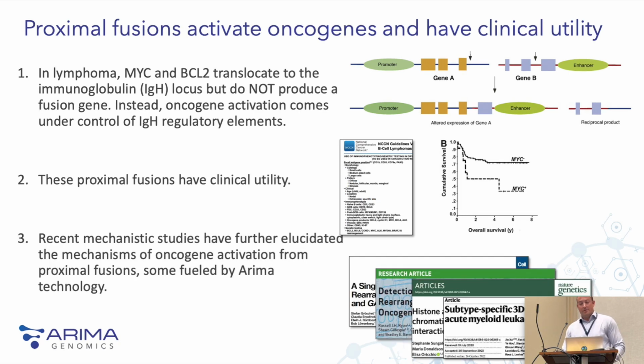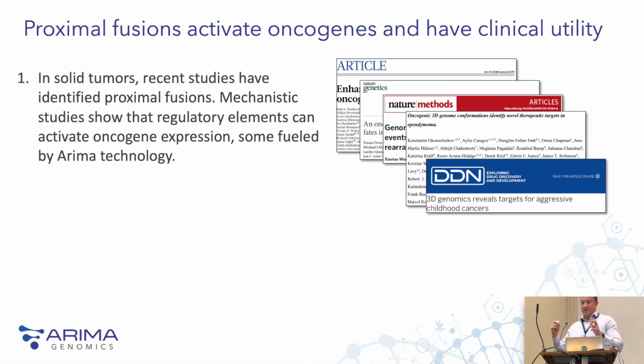And a lot of recent studies have focused on the mechanisms of how these oncogenes are activated from proximal fusion events, some of which fueled by Arima technology, shown here. While it's well accepted and recognized in heme tumors like lymphomas, there have also been reports focusing on the observation of proximal fusions in solid tumors and trying to tease apart those mechanisms.